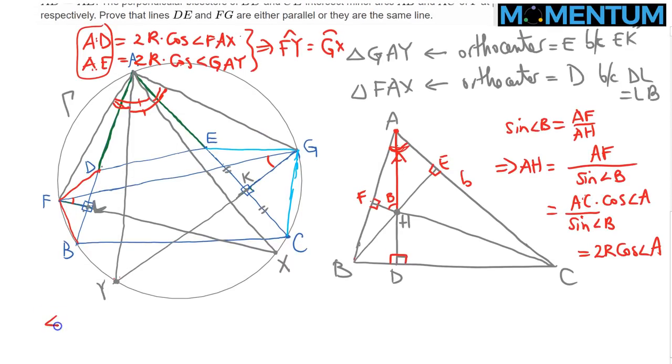So far we have found that angle YGF is congruent to angle XFG. But now we are in business because look at this angle, because we have a right triangle here.